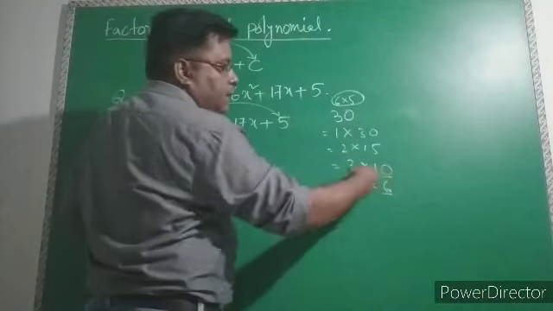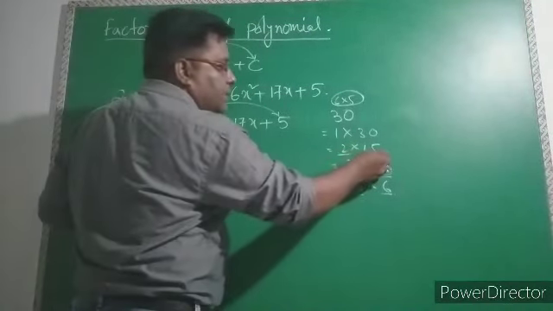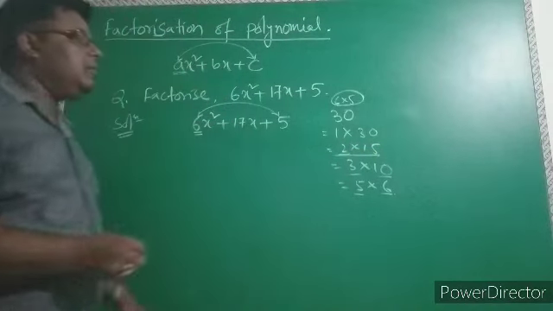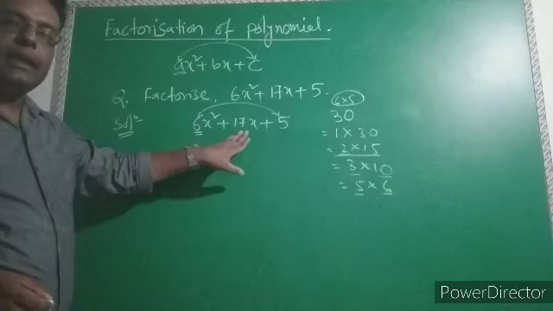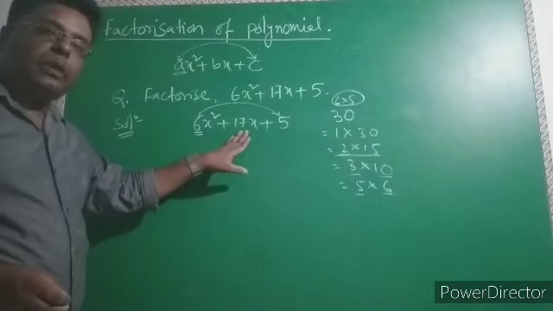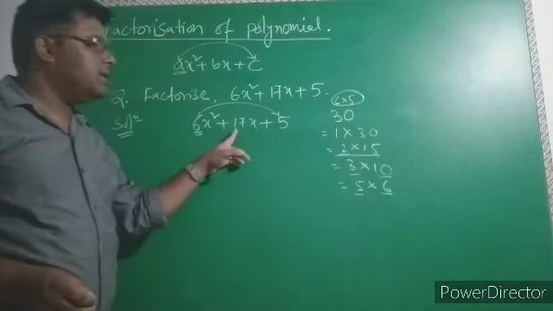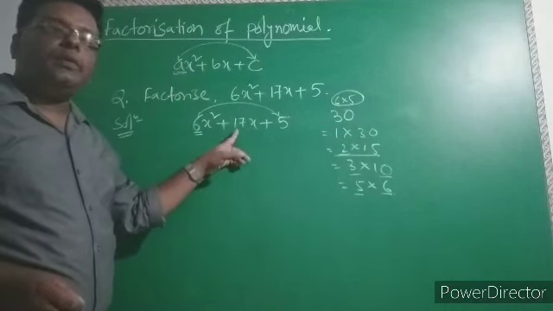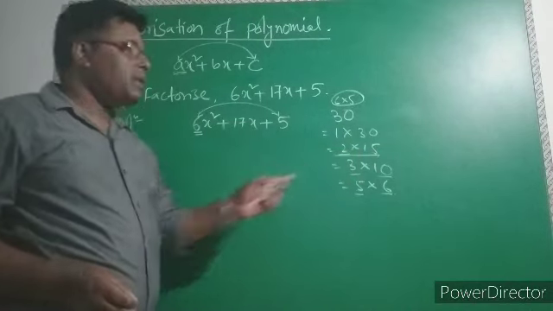When we add 10 plus 3, we get 13. But when we add 15 plus 2, we get 17. That is, there are two numbers whose product is 30, but sum is 17. Now we have to split the middle term by these two numbers.